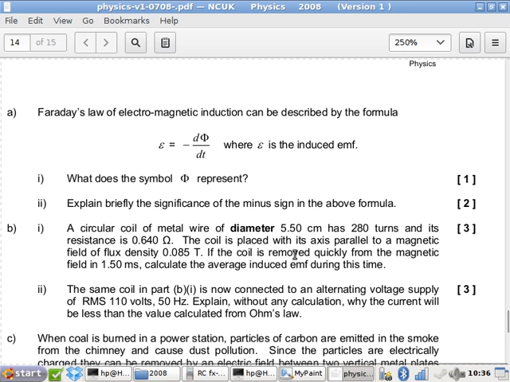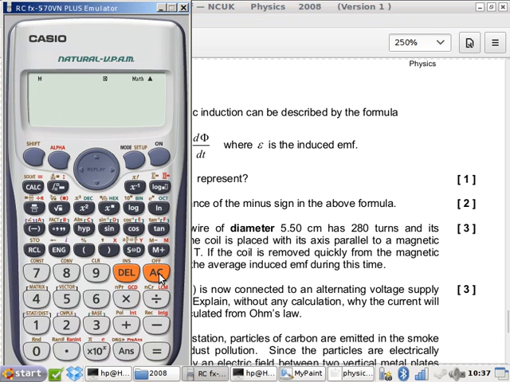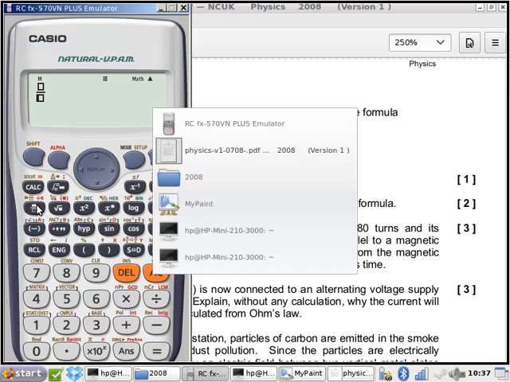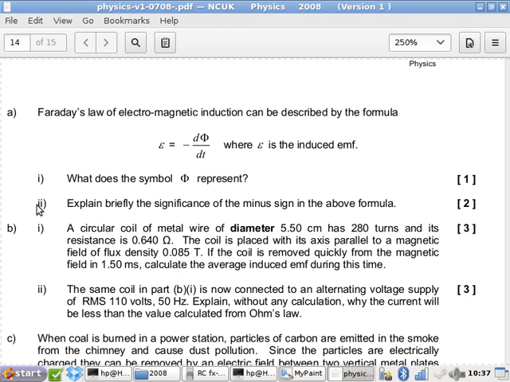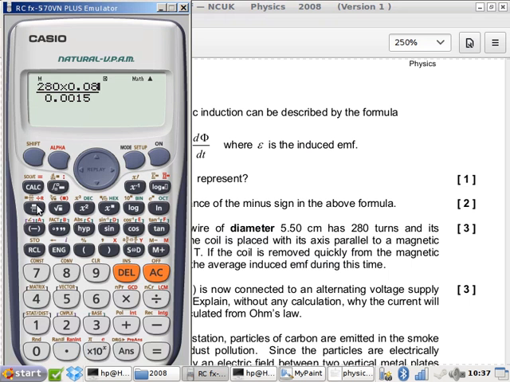Right, do we get an answer here for this one? 0.0, that's small. Let me calculate it here. Right, so firstly, what's the time? 0.0015. 280 times B and the A, right?